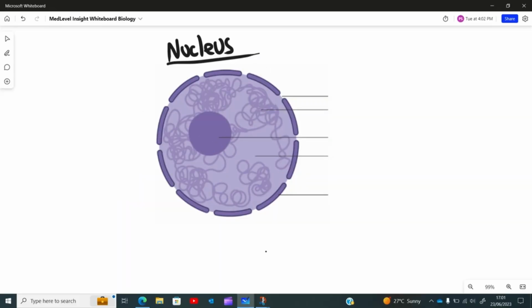I'm just gonna label the structures in the diagram of the nucleus. So this one, let's go with the first one, being nuclear pore. I'm going to explain to you guys all of its functions later. Nuclear pore.